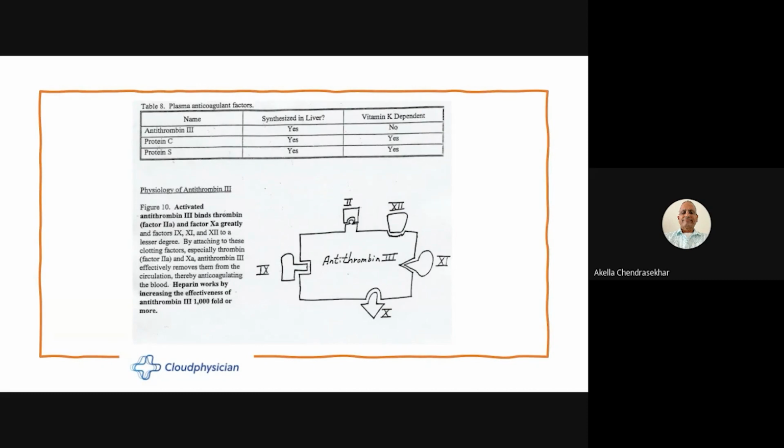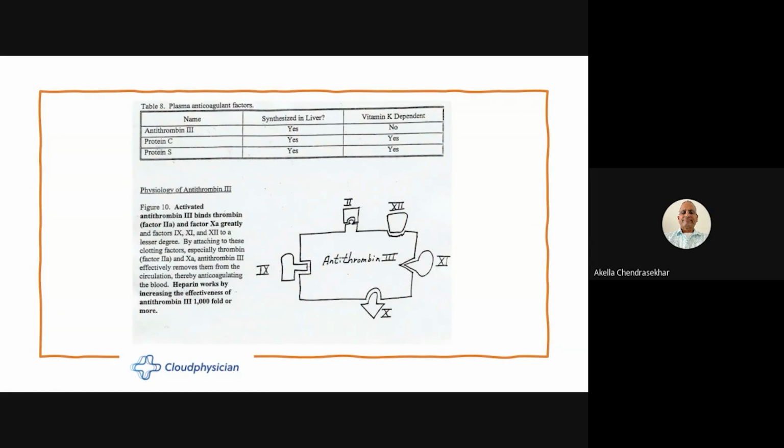So when you check it in 6 hours, if it's not working, you go up a little bit on the dosing, and then you see what happened, right? And again, the thing is steady state level, right? You're always thinking steady state level. Now, if it's not going up, the most common reason why heparin doesn't work is because antithrombin 3 levels are deficient.